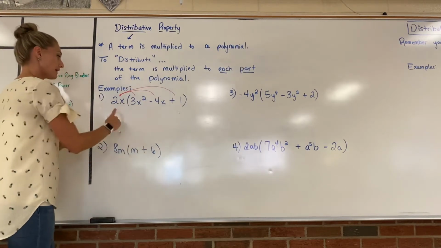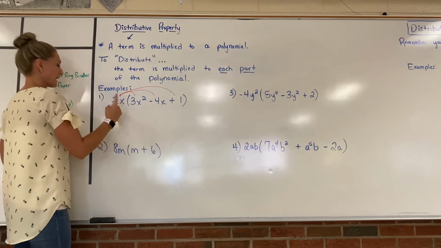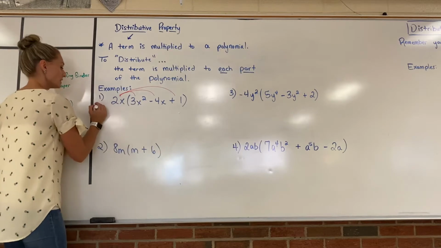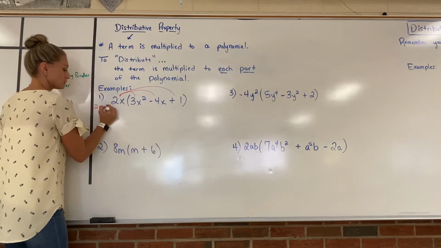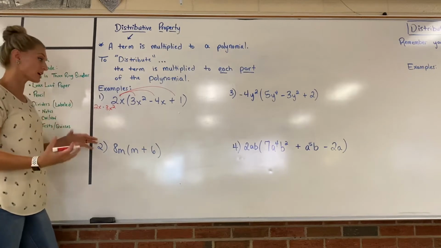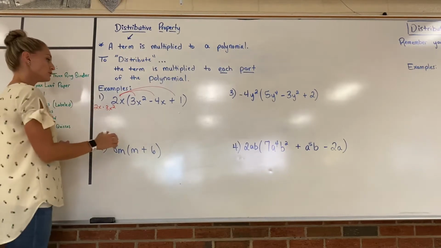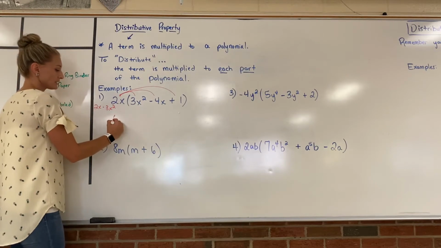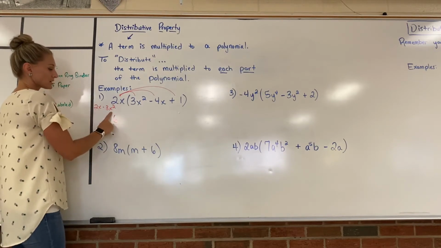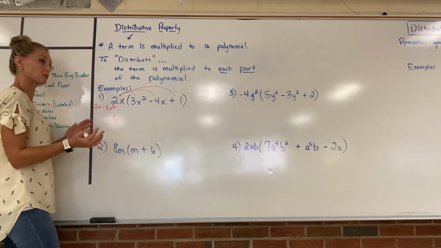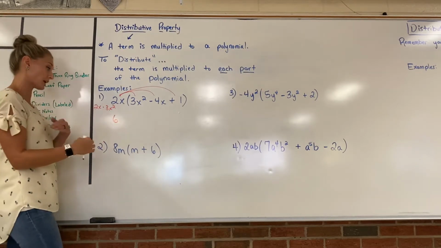So when you do that, you're gonna start by doing one at a time. So 2x times 3x squared. You can go to the side if it helps you visually and write that down so that you can think about it one piece at a time. So you're going to take the 2 times the 3, so you would get 6, and then x times x squared. When you're multiplying, it's a little different than when you were adding and subtracting the other day, okay?